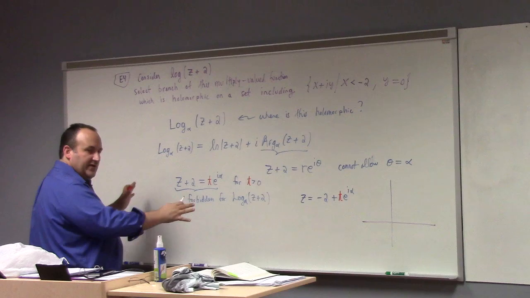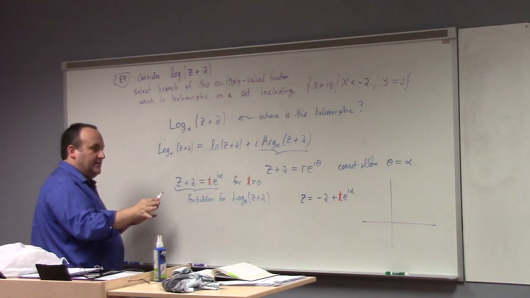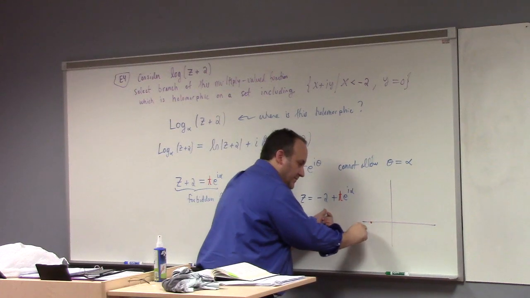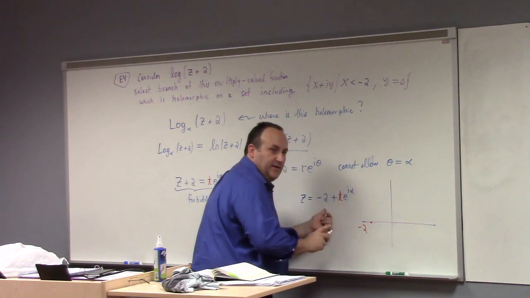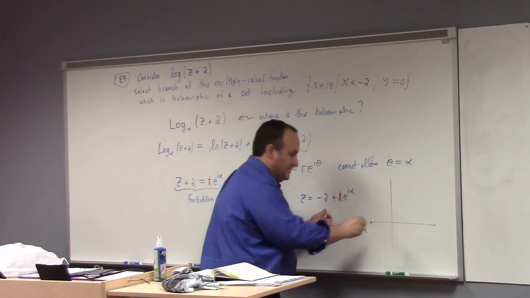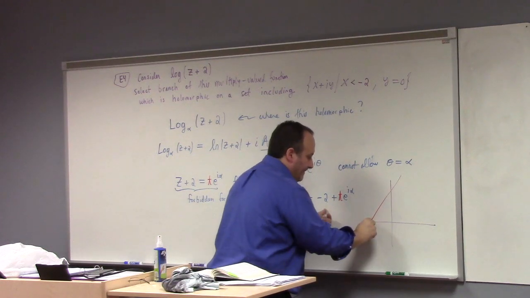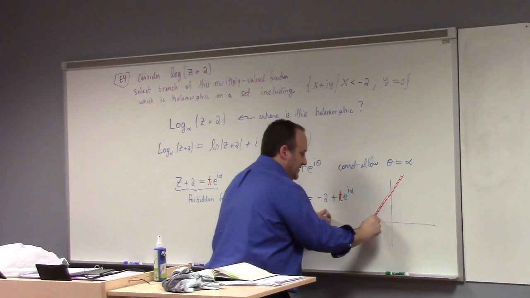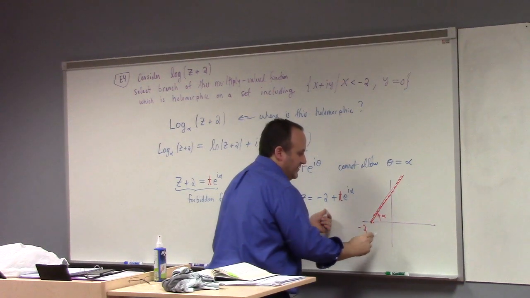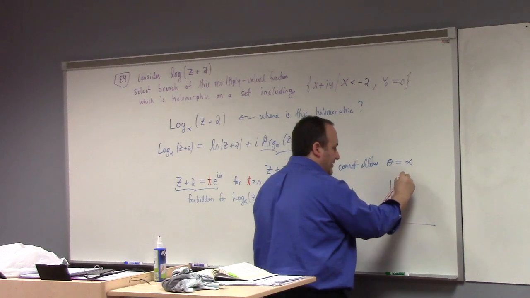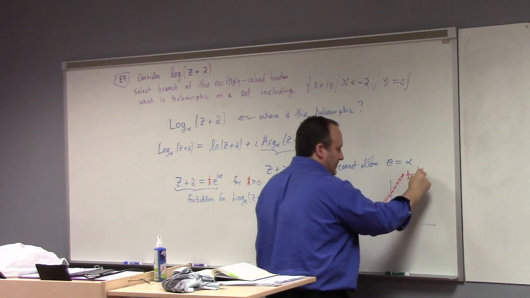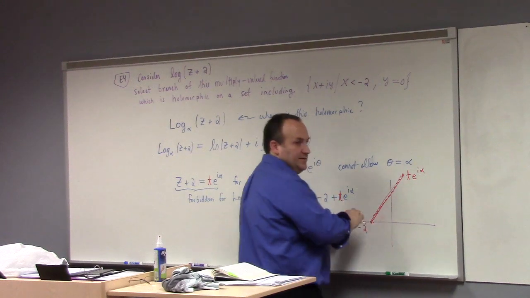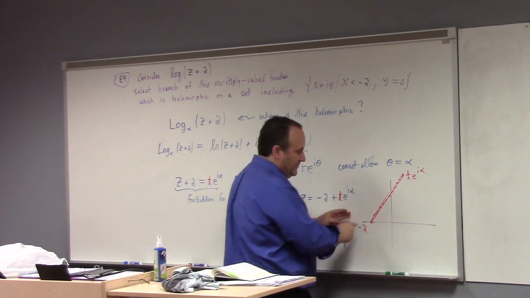This is a parametrization, like you said, of a ray that starts at minus 2, and then it goes out at angle alpha, whatever that is. Something out here is of the form t e to the i alpha, right? I'll just write it that way. I don't want to assume alpha is the standard angle.